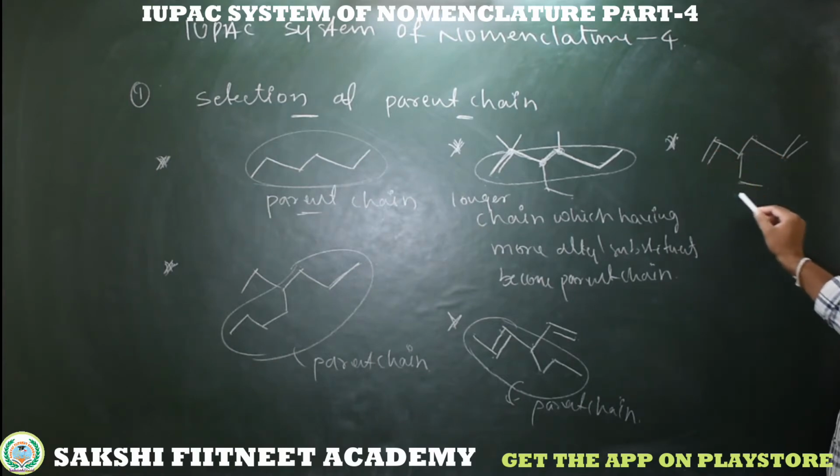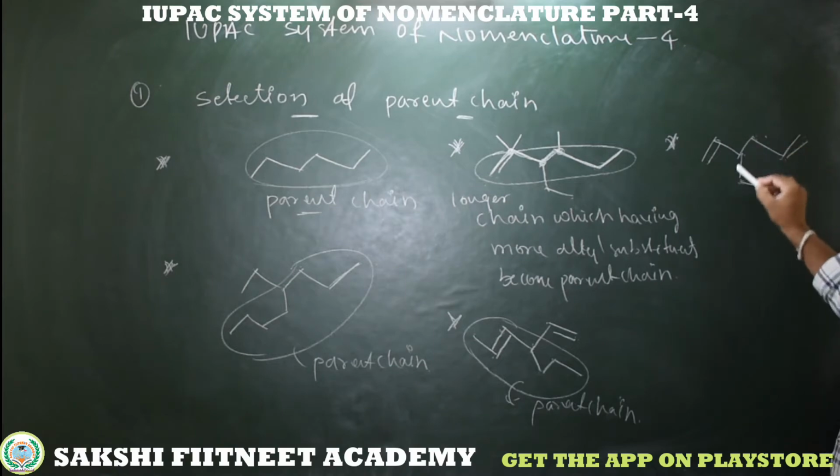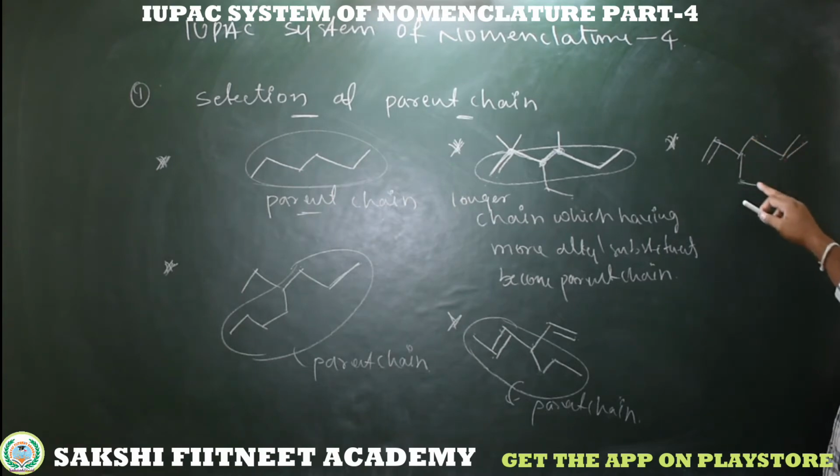So I am not considering this path; I am considering both 1 2 3 4 5 6. This chain has 6 and this is also having 6. Then which one becomes the priority? This has 6 carbons and this also has 6 carbons.